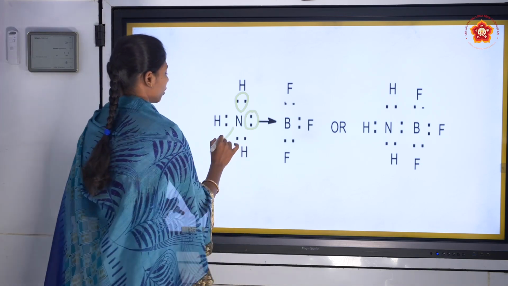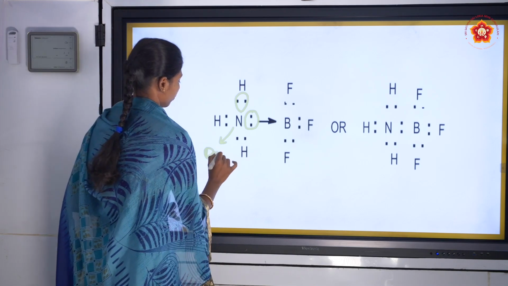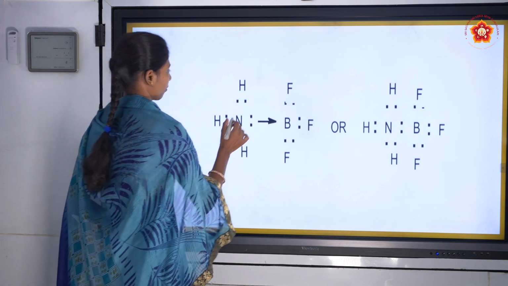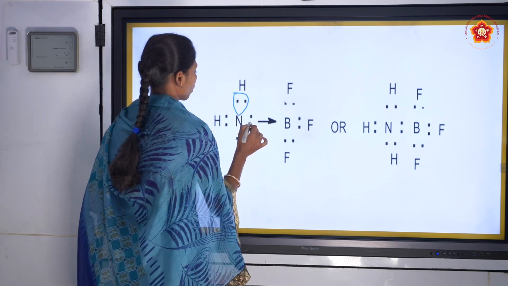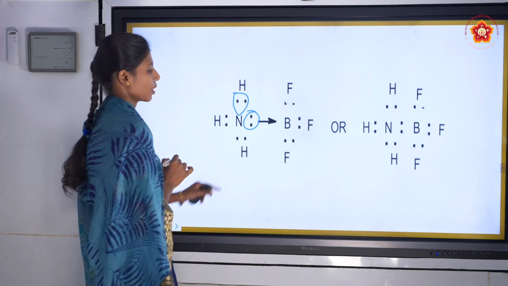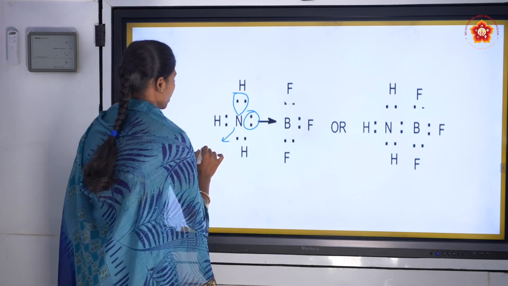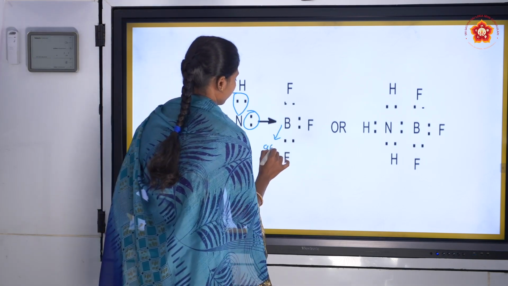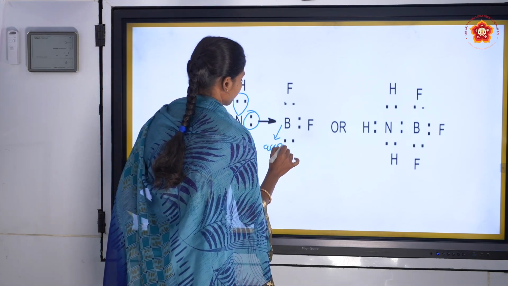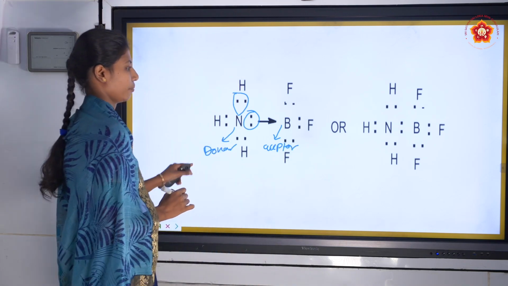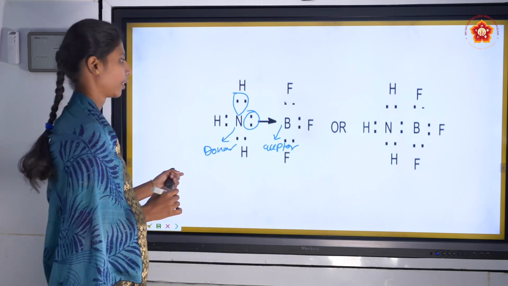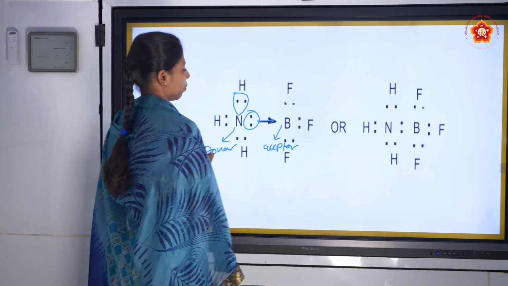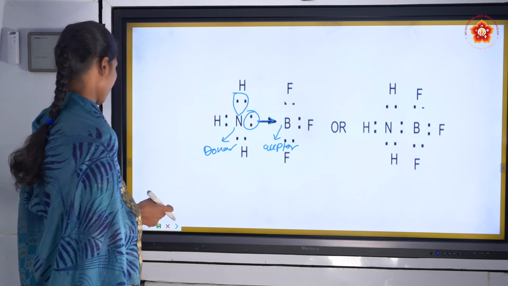Nitrogen is the donor, and this is the acceptor. This arrow shows what we know as a coordinate covalent bond.